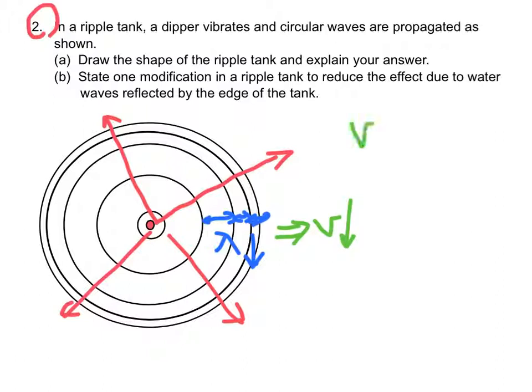Since speed of the wave is related to the water depth, when the speed decreases, the water depth also decreases. Hence, the ripple tank has the shape like this one.